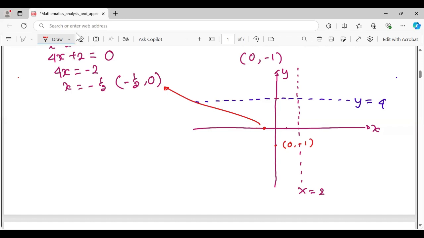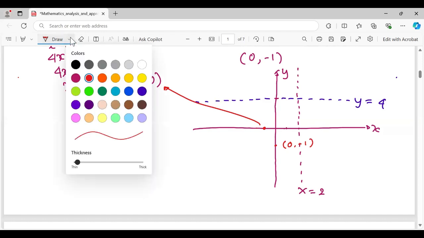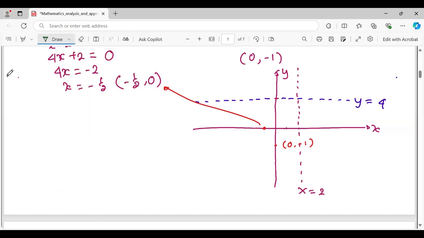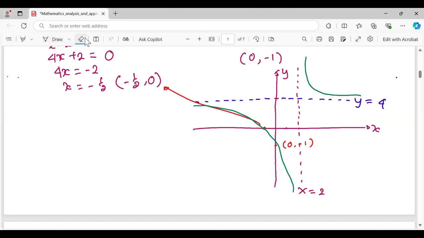And then we are going to sketch. I'm going to use this color. This is the graph, through this coordinate point and this one. Okay.